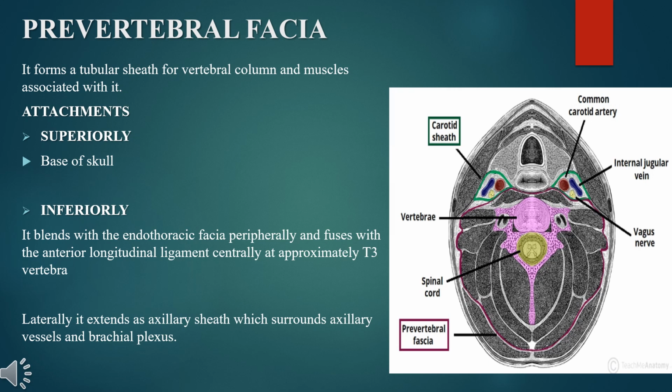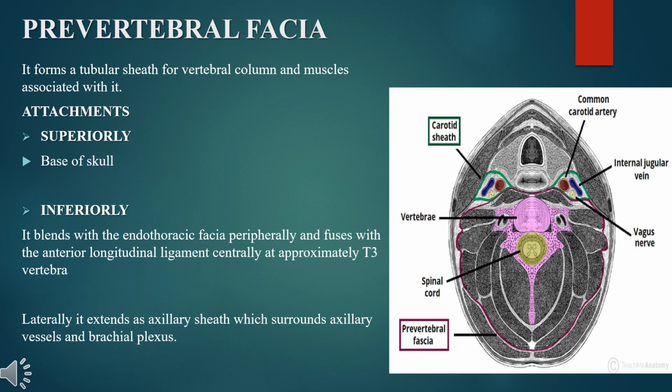Pre-vertebral layer of deep cervical fascia forms a tubular sheath for vertebral column and muscles associated with it, which are longus capitis and longus colli anteriorly, scalenes laterally, and deep cervical muscles posteriorly. It is attached superiorly to the base of skull.